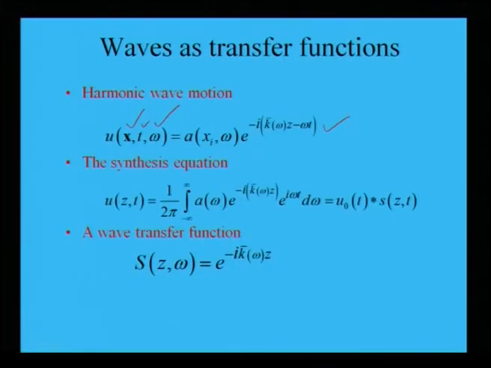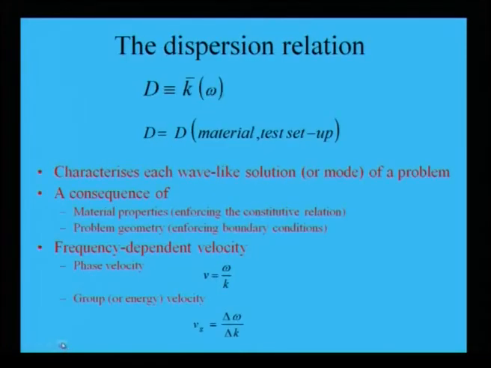Then the synthesis equation, you can do it over the integration from minus infinity to plus infinity. So a wave transfer function S(z, w) should be written as e to the power of a function of z. Now these are all waves as transfer functions, either harmonic wave motion or a wave transfer function, the dispersion relation D is equal to k to the power omega.